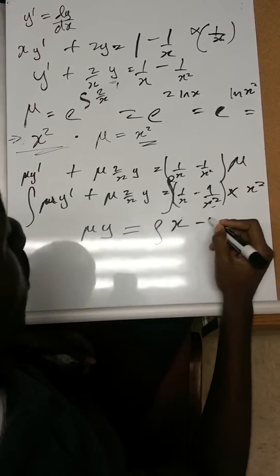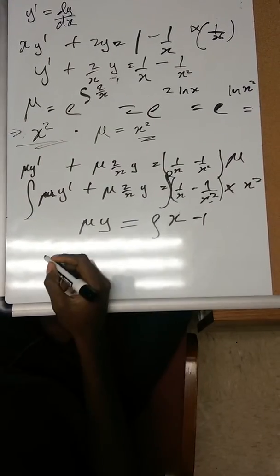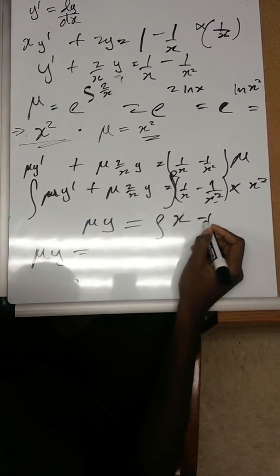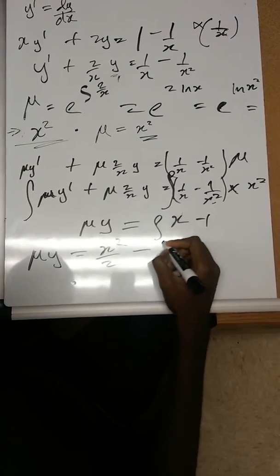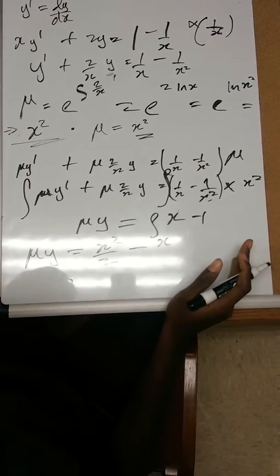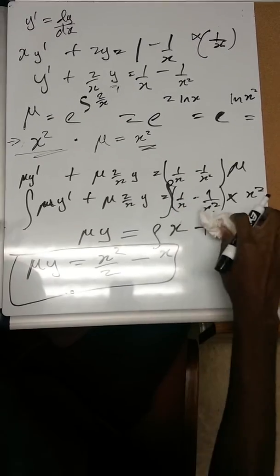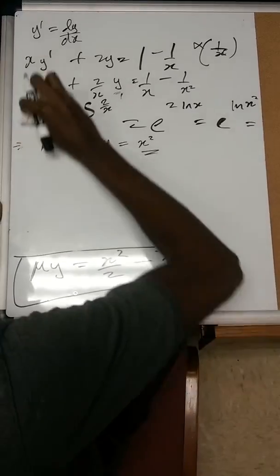So this should be the integral of x minus 1. Okay, so that means mu y is equal to the integral of x minus 1, which is x squared over 2 minus x, from normal integral knowledge. So we're going to save that here.